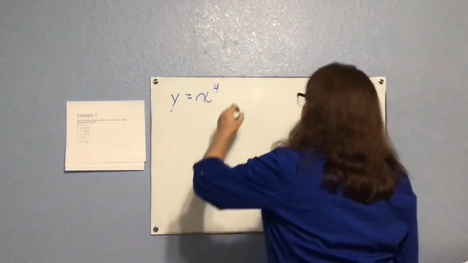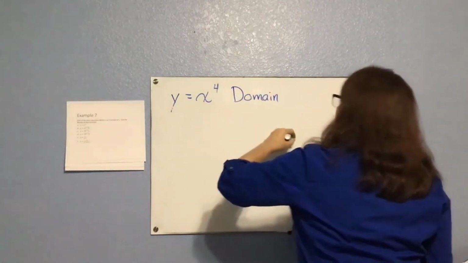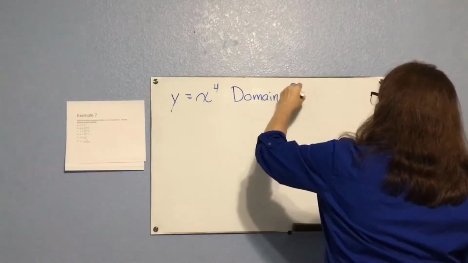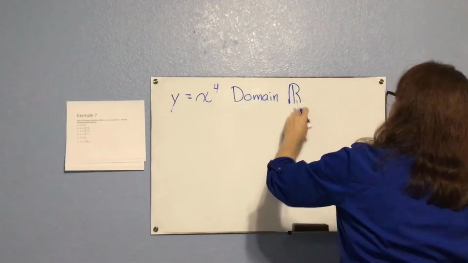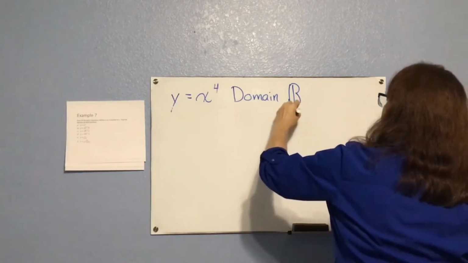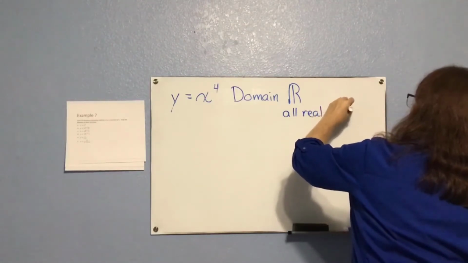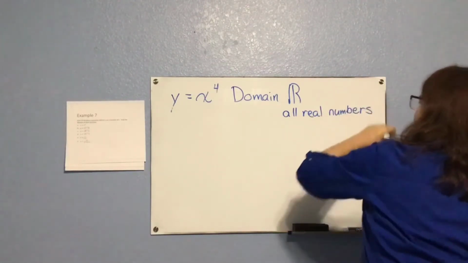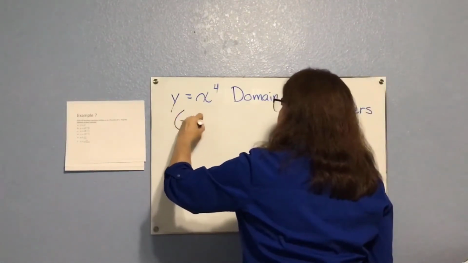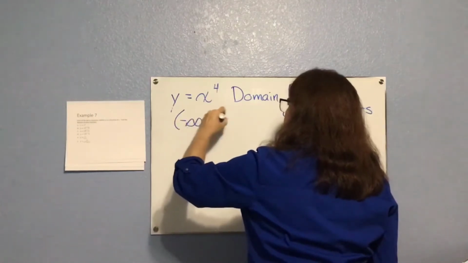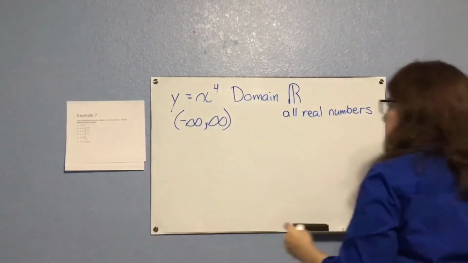So we say that the domain would be, we can draw the R this way with 2 bars. It stands for all real numbers. If you're asked to write this in interval notation, it would look like this.